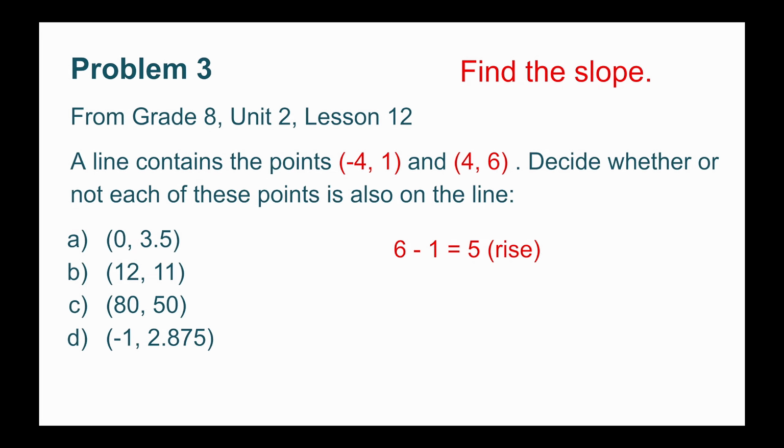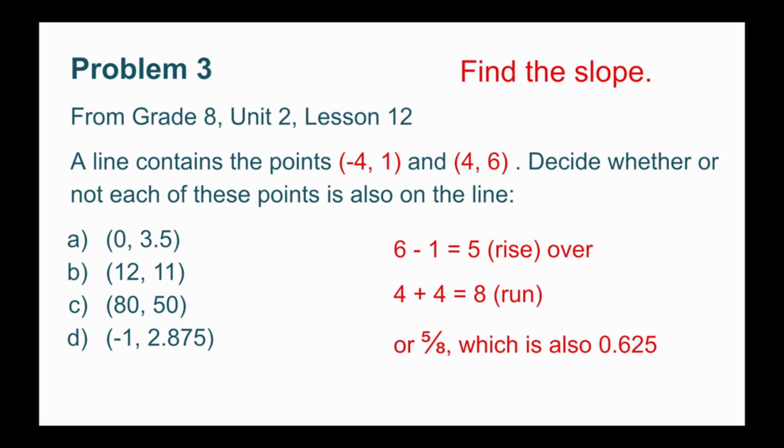The difference in the y value represents the rise of the slope. 4 minus a -4. That's the difference of the x values. 4 minus a -4 is the same as 4 plus 4, and 4 plus 4 equals 8. That's the run. So the rise over run would be 5 over 8, or 5/8.